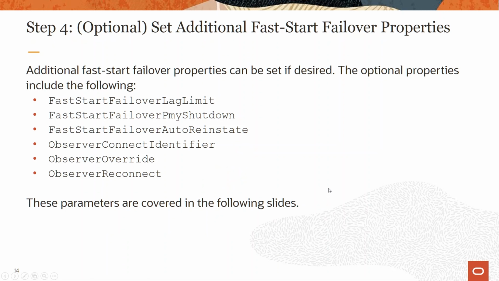We can use fast start failover lag limit, fast start failover primary shutdown, fast start failover auto reinstate, and observer connect identifier, observer override, and observer reconnect. These properties will be covered in the next slide.